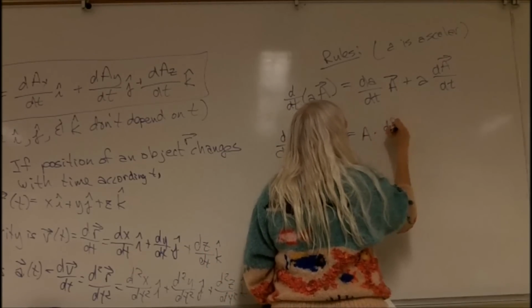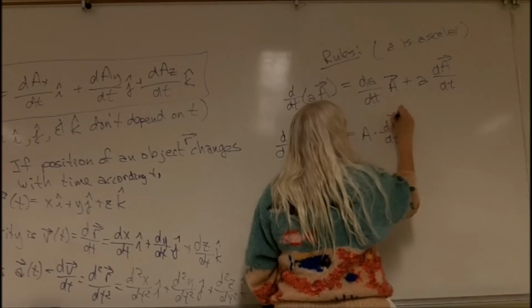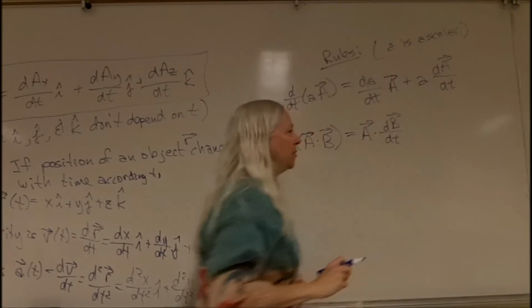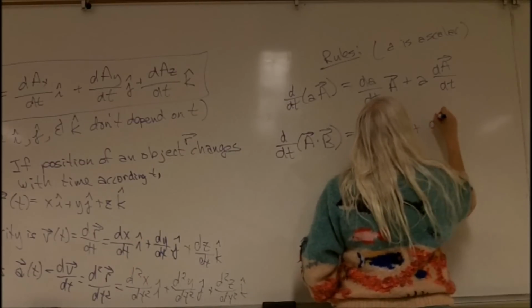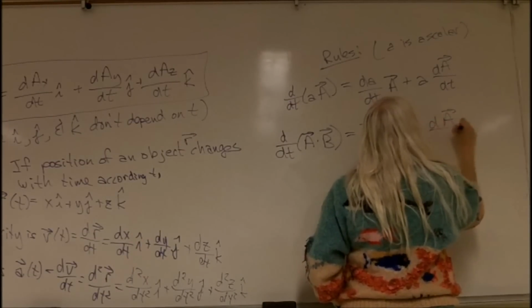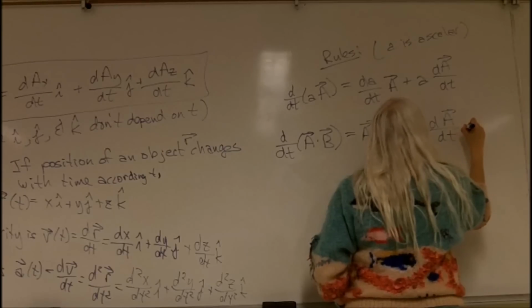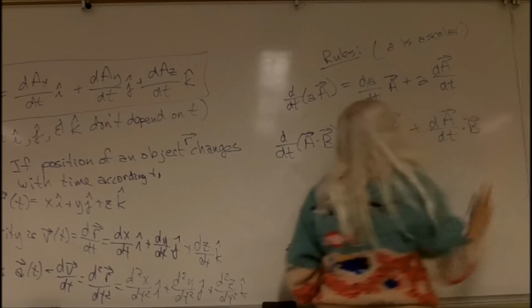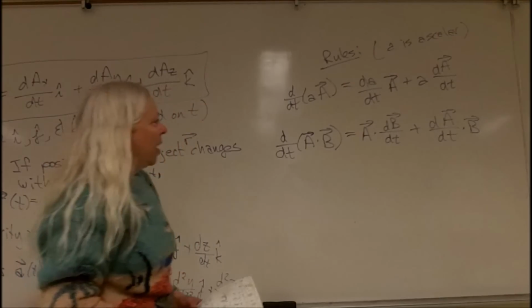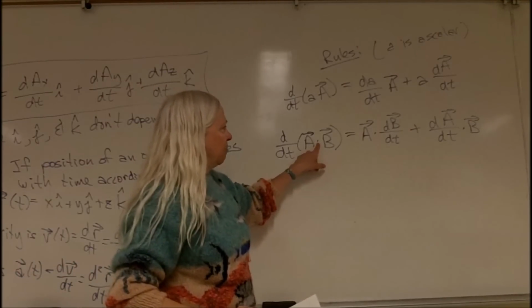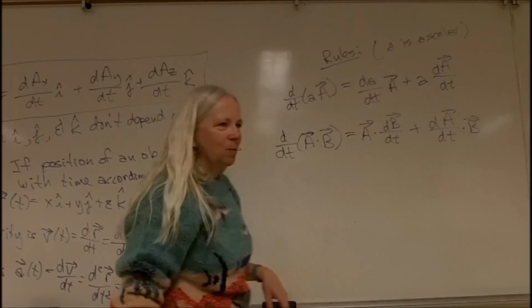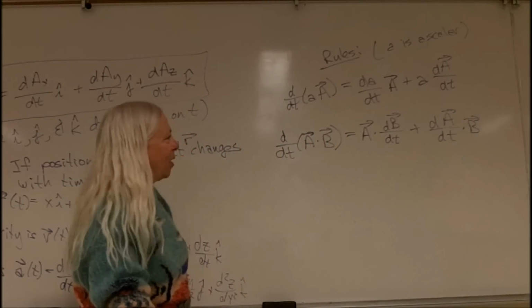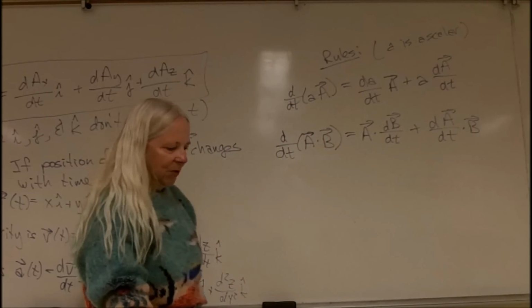You'll have one term where the a comes along for the ride and the derivative operates on the b, and another term where the derivative operates on the a and the b comes along for the ride. Of course, since there was a dot product in the original, there's a dot product between the a and the b in each of those terms. Just one has a derivative operating on it and one doesn't.